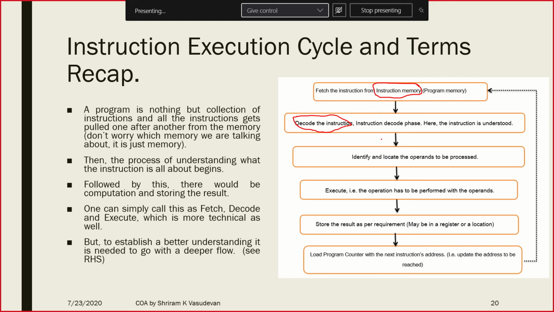All these will be decoded properly using this instruction decode cycle. Once it is all done, it will go ahead and extract the operands from those locations, and it is ready for the operation to be performed.